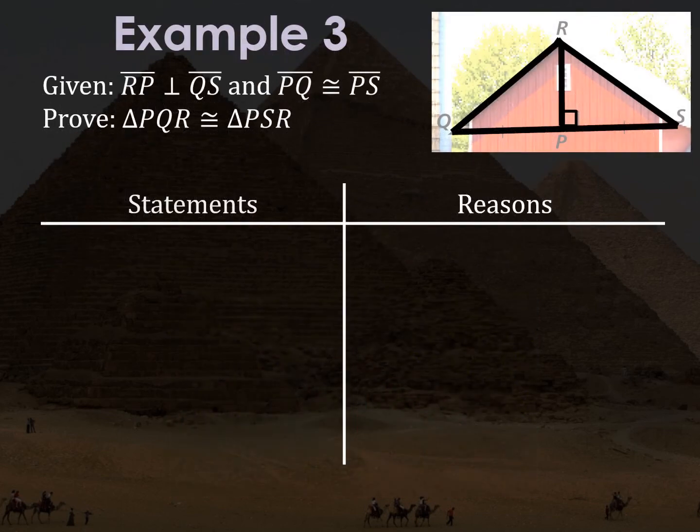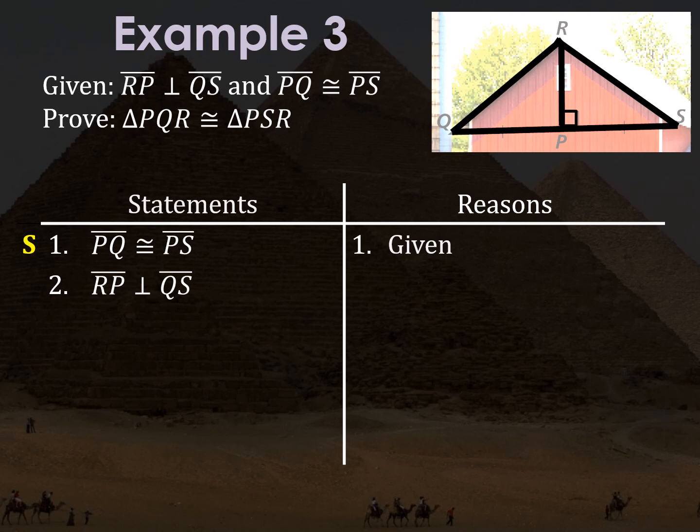So here's our proof. Here's your given statements, and there's the statement you're trying to prove. Statement 1, PQ is congruent to PS. So notice I don't have them in this exact same order. It doesn't matter. The order with some of these statements doesn't have to be exact as long as they follow a logical order. And that is given.